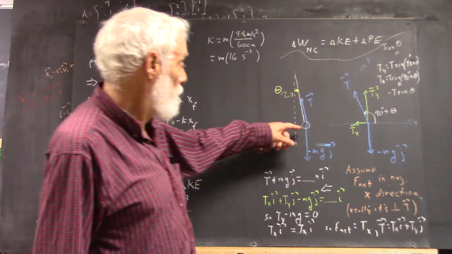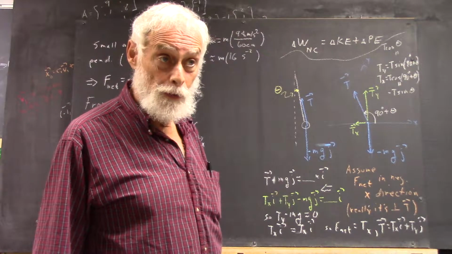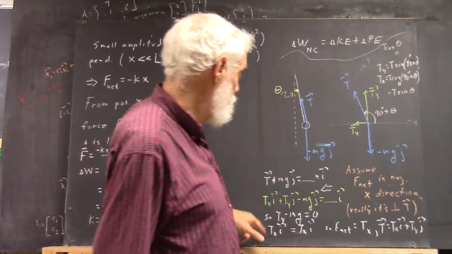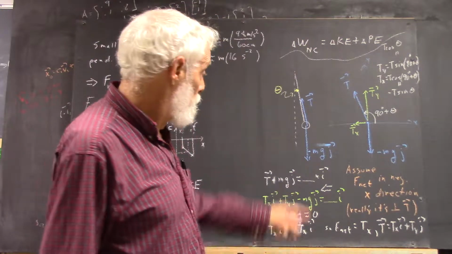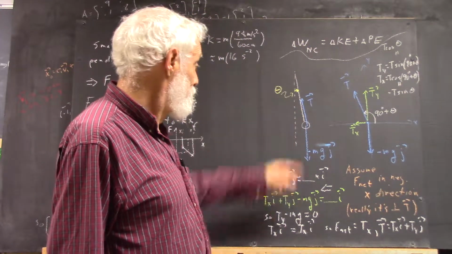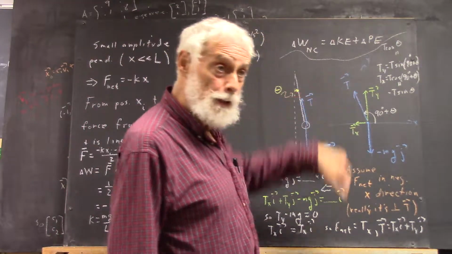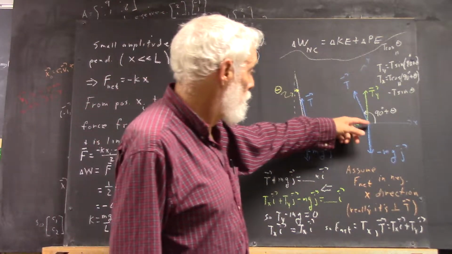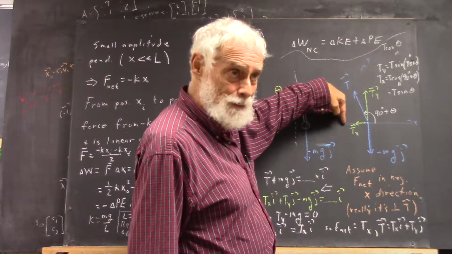Now, similarly with a pendulum, it's a little more complex to analyze because we've got to go back to figure out the force constant and all that. So we draw the forces on the mass of a pendulum in a free body diagram, and we notice that the tension is the sum of a y and an x component.